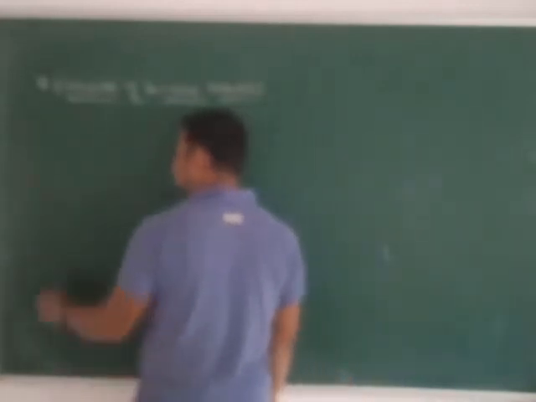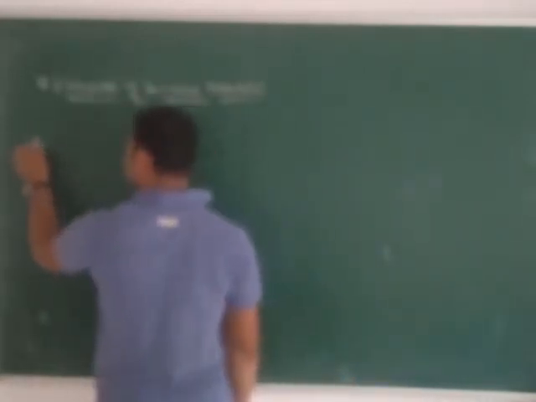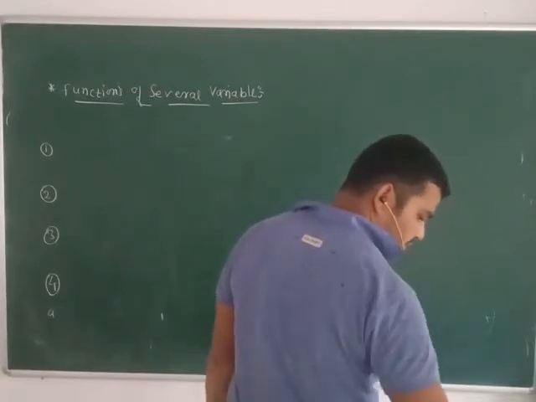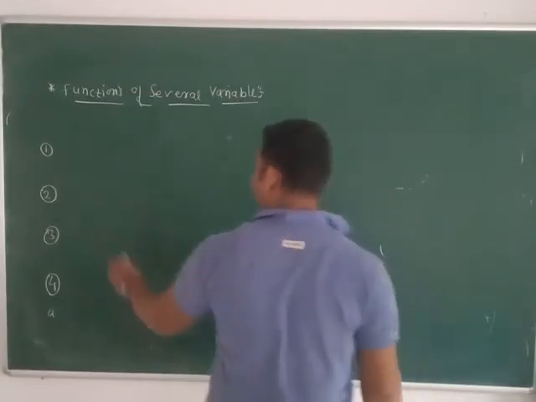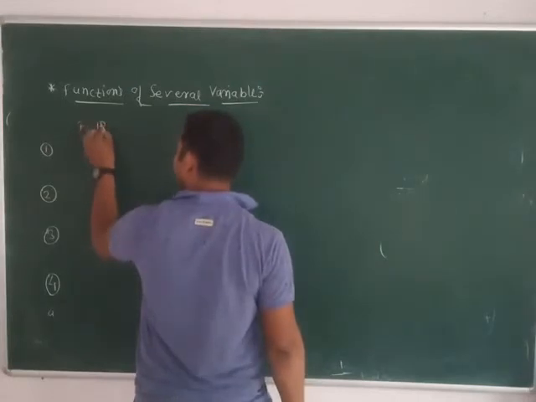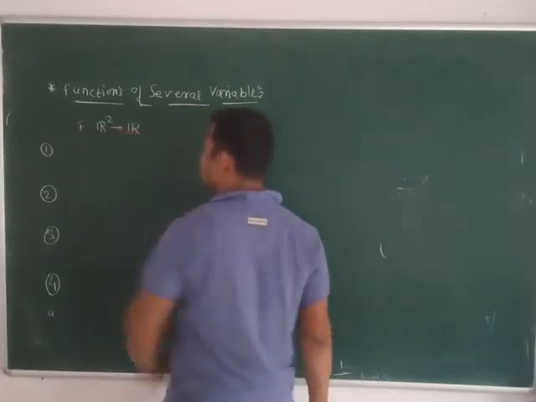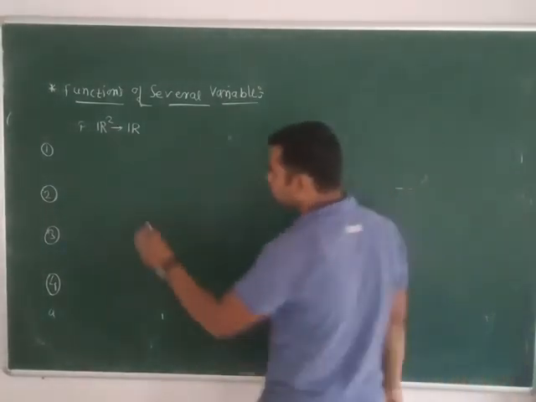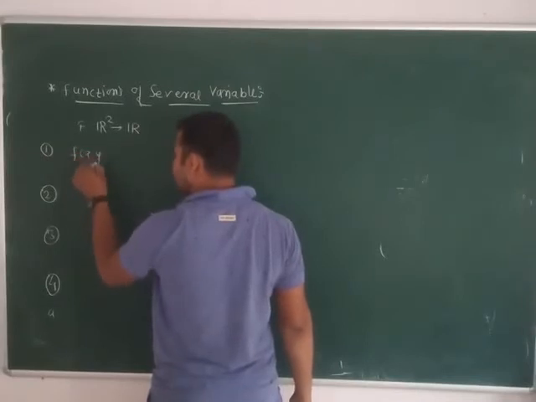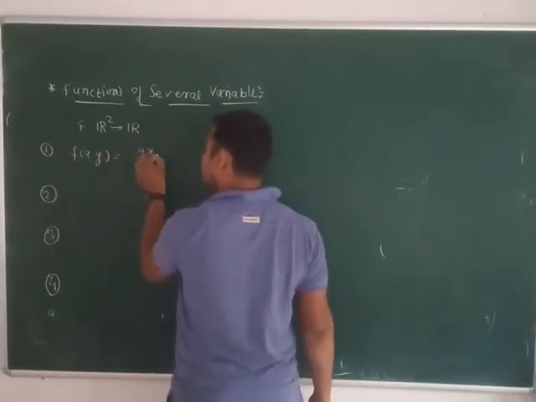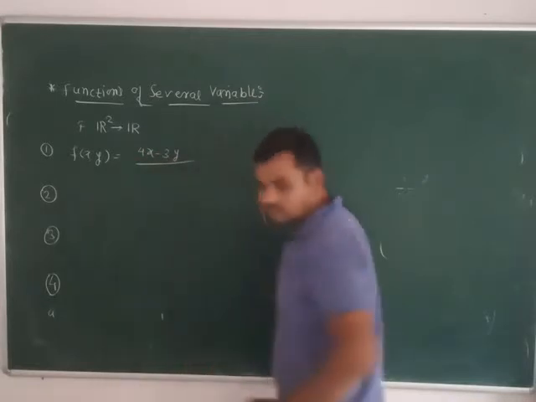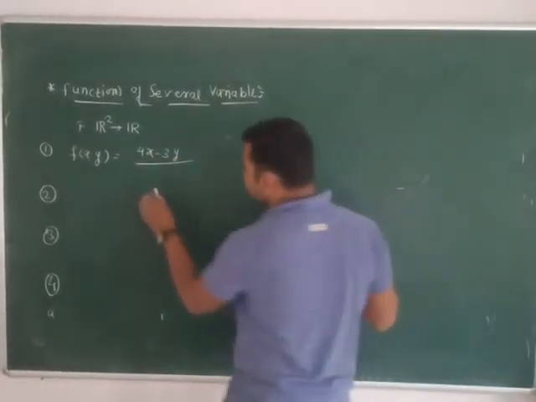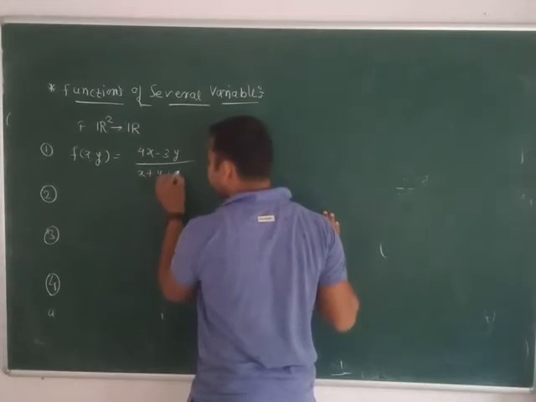Let us take some examples of functions of several variables. Suppose the function is defined from R2 to R by f of x comma y equal to 4x minus 3y divided by x plus y plus 5.